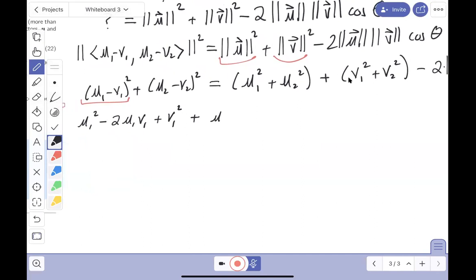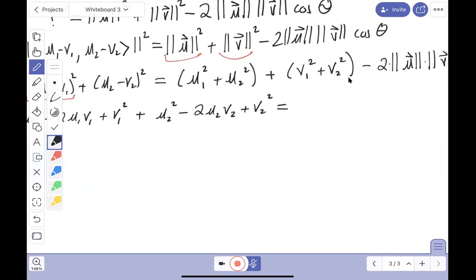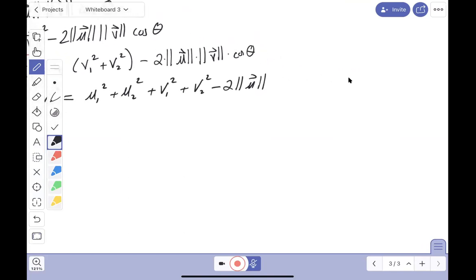Then I'd get u2 squared minus 2 u2 v2 plus v2 squared. And this could go on for a long ways. Let's keep going. u1 squared plus u2 squared plus v1 squared plus v2 squared minus 2 length of u. Boy, this could really go on for days, couldn't it? Length of v, cosine theta.